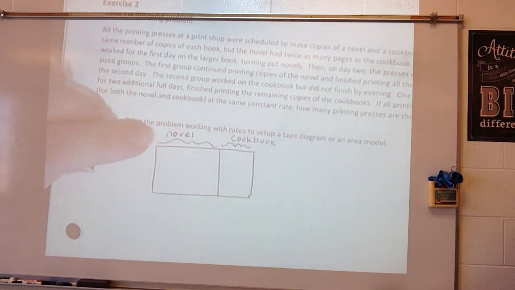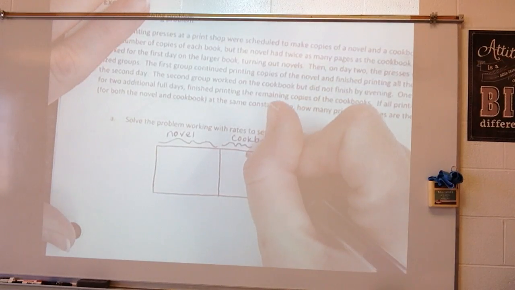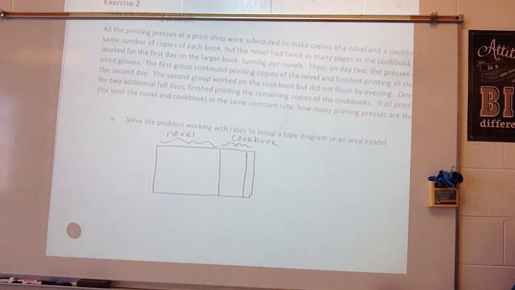So we're going to divide this among printers, and we will talk about why we're doing this in just a little bit.